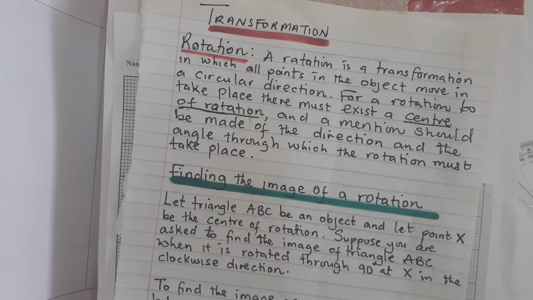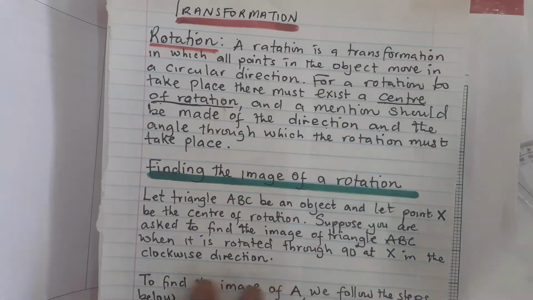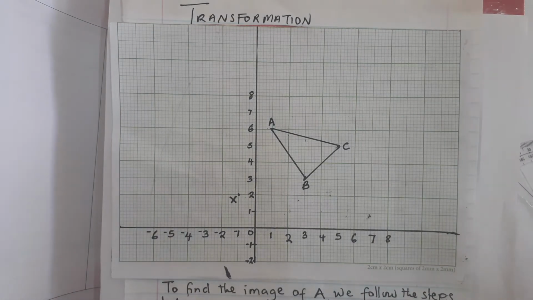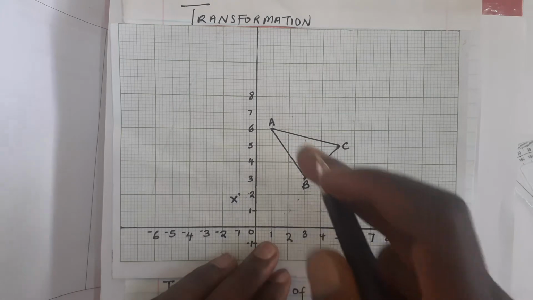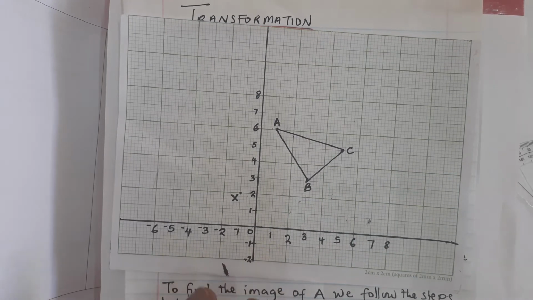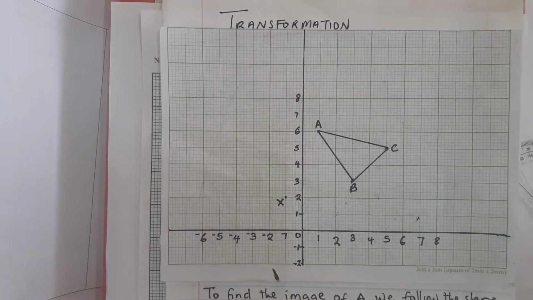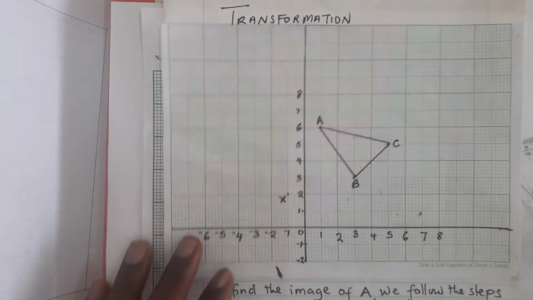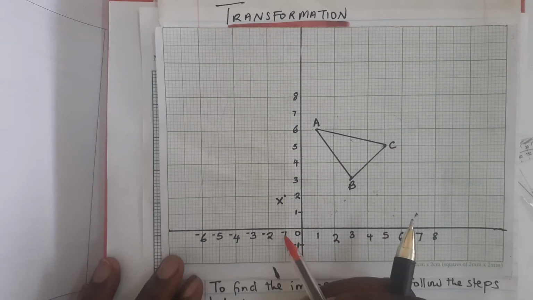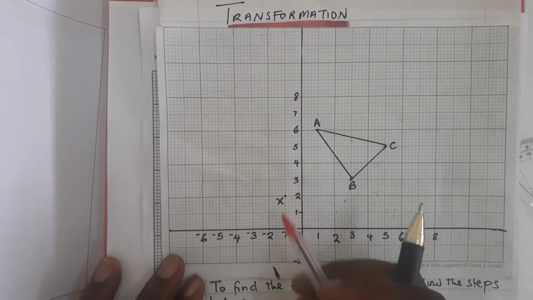Okay, so this is what we are looking at. This is triangle ABC, the object, and the center is this one here, which is -1, 2.